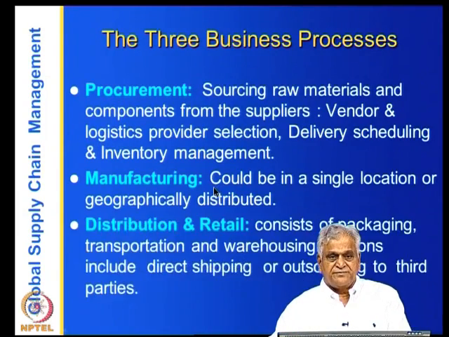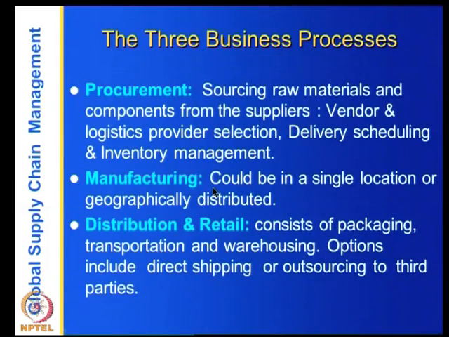And finally, it is distribution and retail. In other words, the customer is served through the retailers, the retailers are served through distributors, and distributors get their products from manufacturers. So it consists of packaging, transportation, warehousing, and sometimes the manufacturer can directly ship to the retailers, or it can outsource to a third party, and so on.